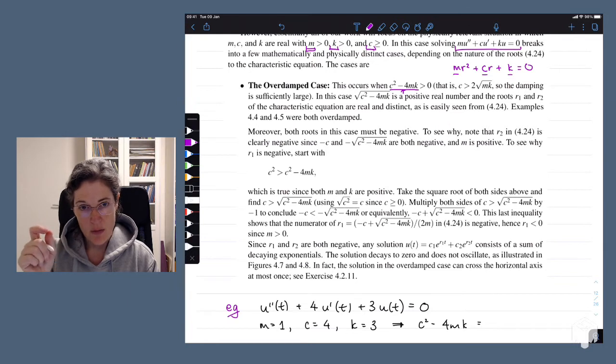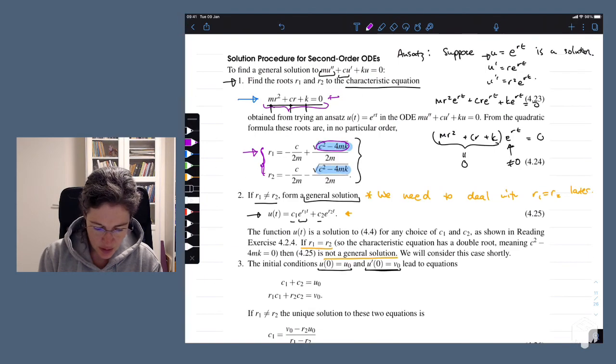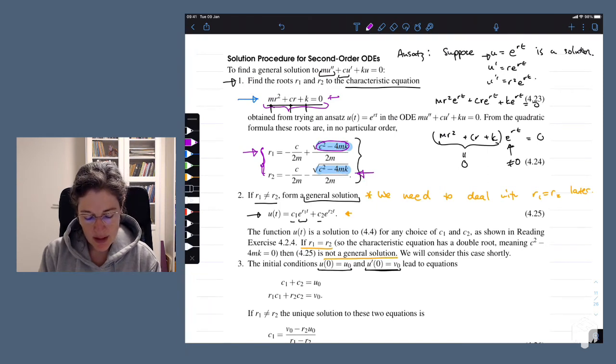If you look at the formulae we had for r1 and r2, you can see straight off that r2 has to be negative, because this term itself is positive, so the minus sign makes it negative. And this bit over here is positive with a minus sign there. So our r2 is definitely negative.